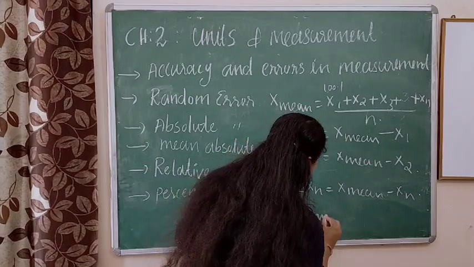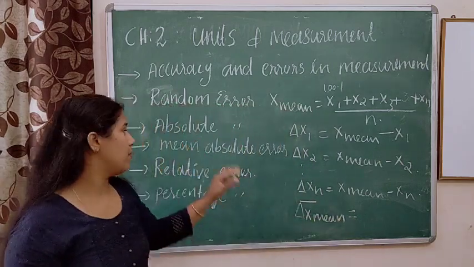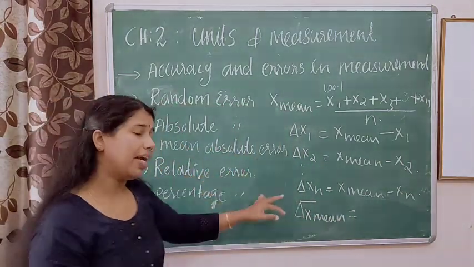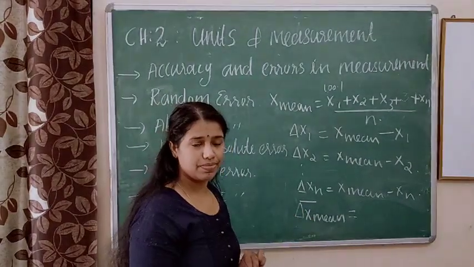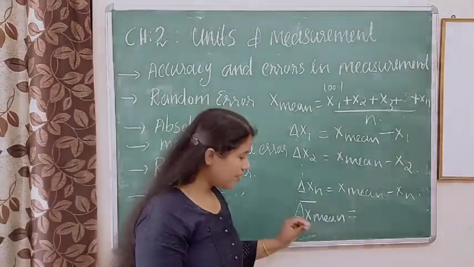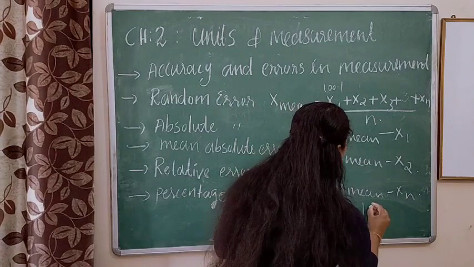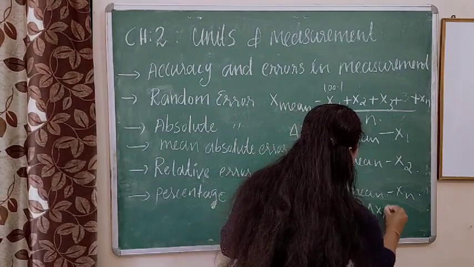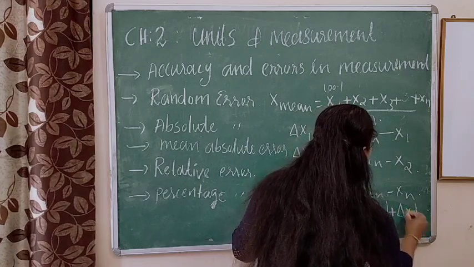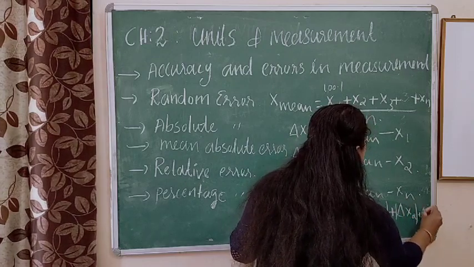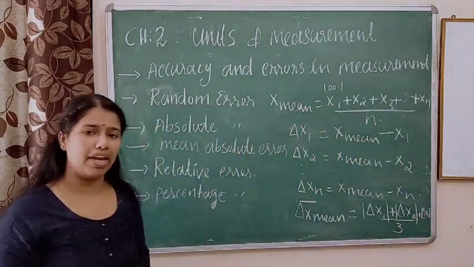Mean absolute error is denoted by delta x mean bar. Delta x mean bar is equal to the mean of these: magnitude of delta x1 plus delta x2 plus delta x3 divided by 3, that is, divided by n.